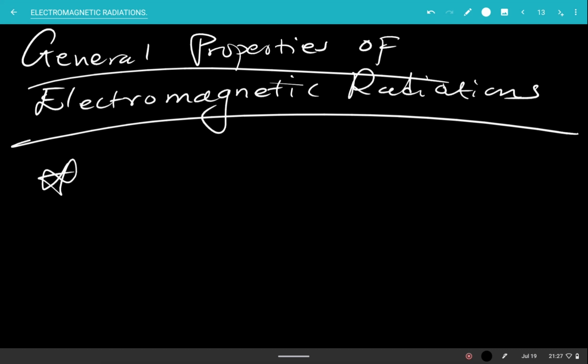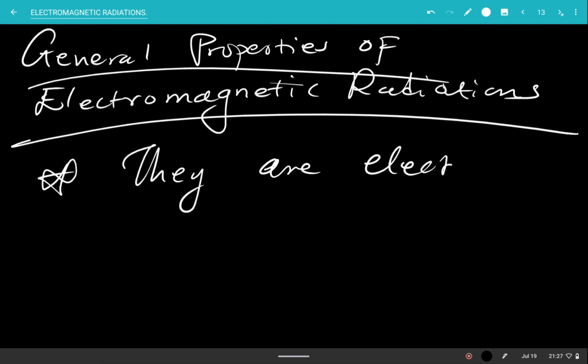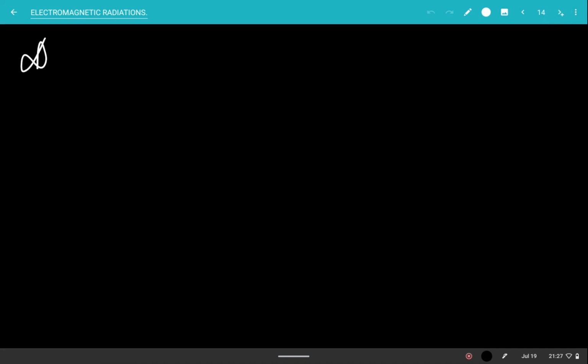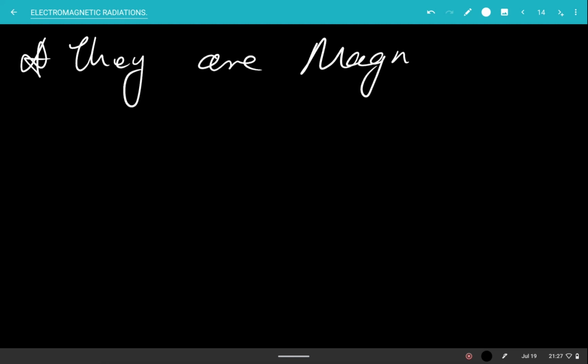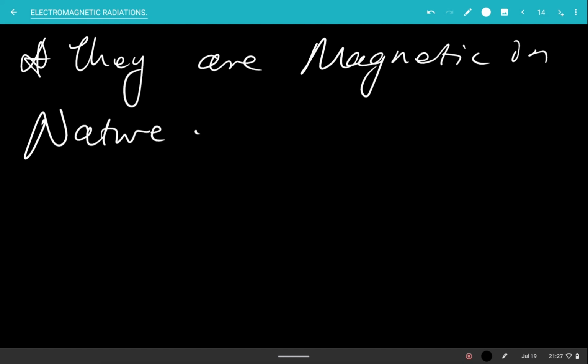The first property is that they are electric in nature. Not just that, we can also say that they are magnetic in nature. Other than that, we can also add that they travel at the speed of light in vacuum.